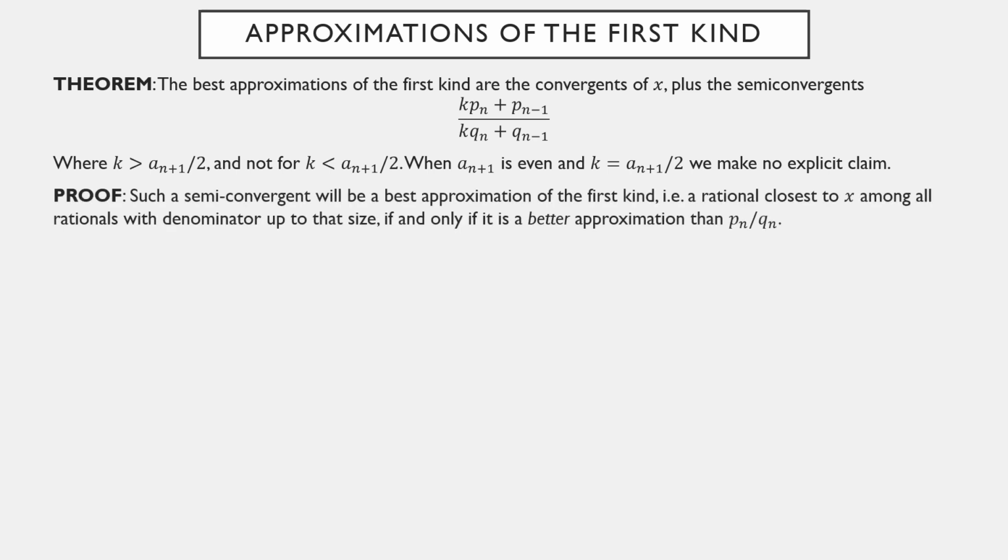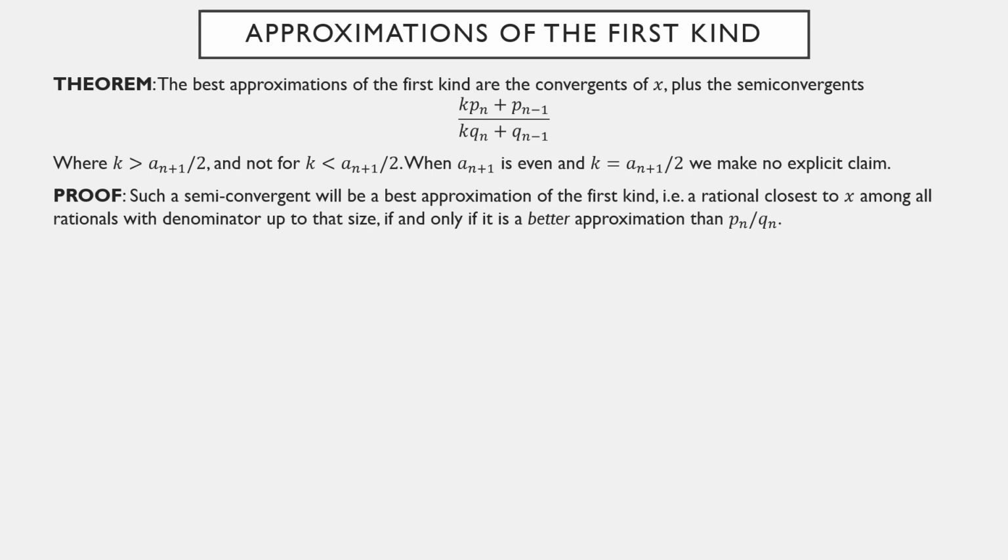So the semi-convergents march towards x from the side of the previous p_{n-1} over q_{n-1}. But note that their denominators, k q_n + q_{n-1}, are bigger than q_n. So if those semi-convergents are further away from x than p_n over q_n, they're definitely not best approximations of the first kind.